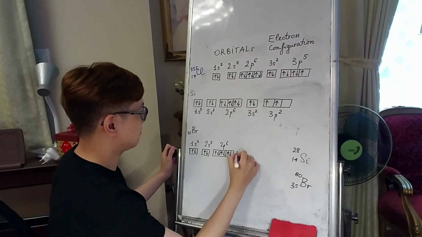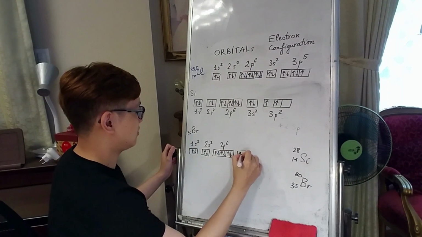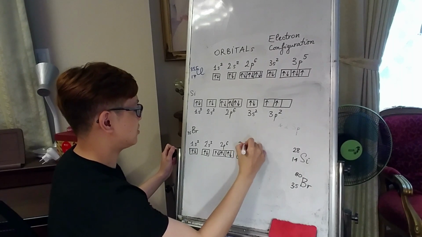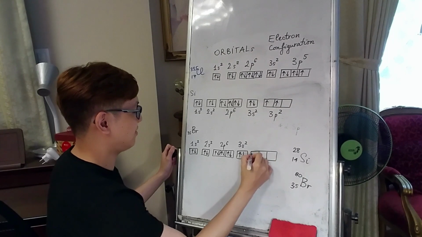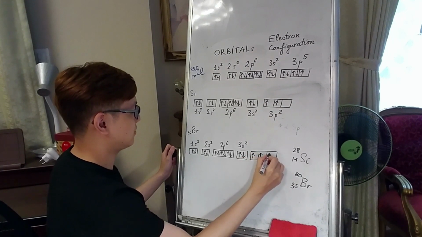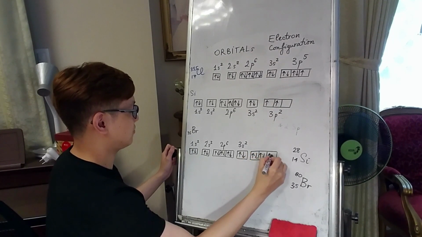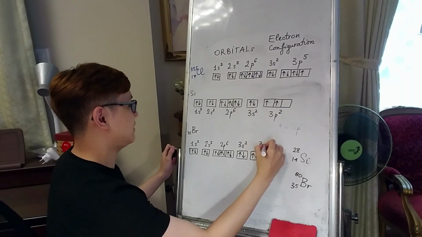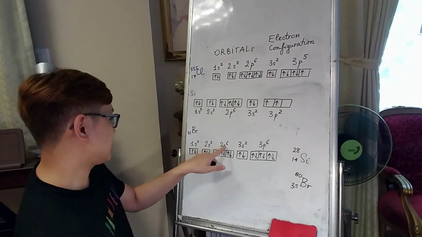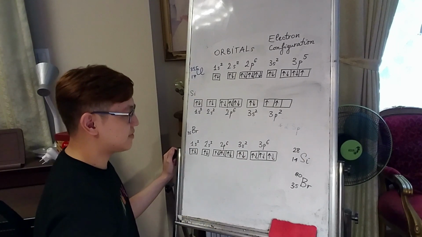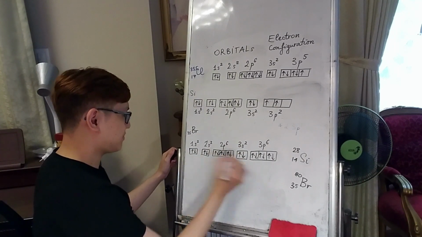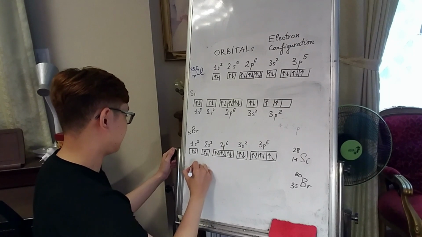That's 10. 3s2. I'm sure it's gonna be a long way to go. 3p6. So that's 18. After 3p, you're gonna have 4s.